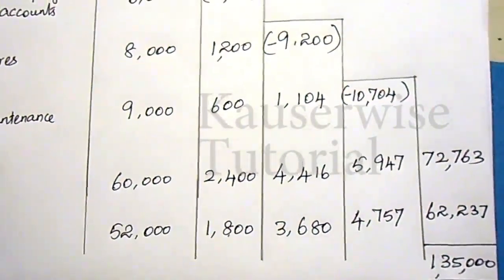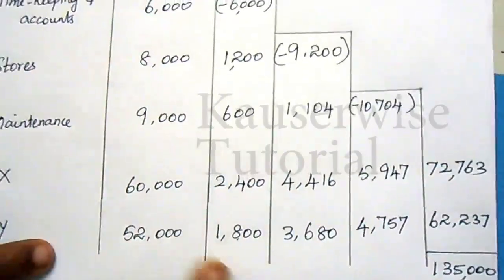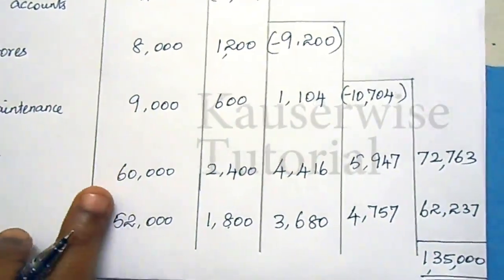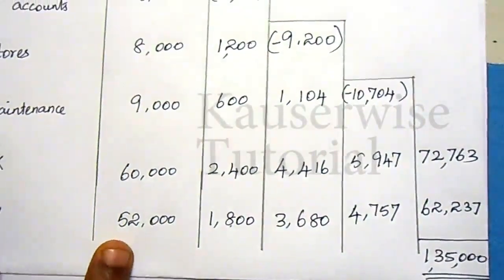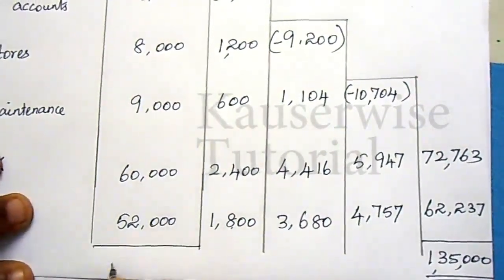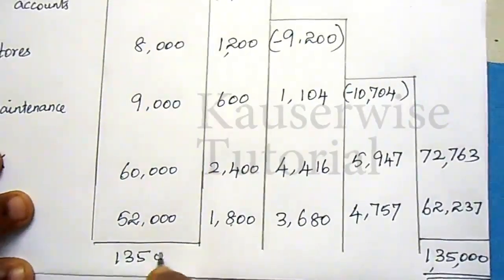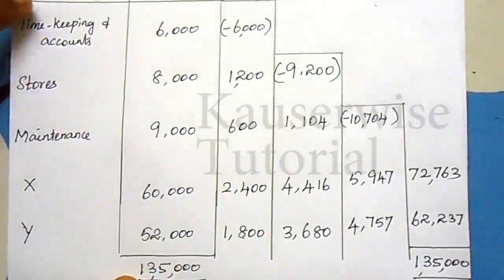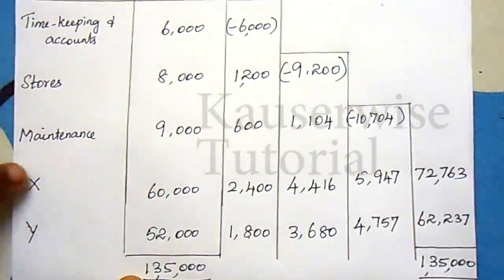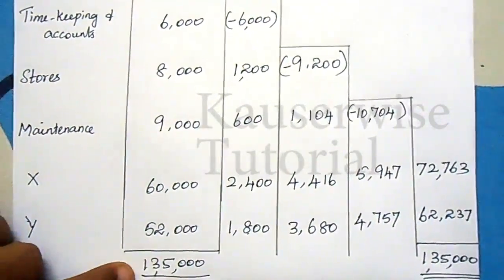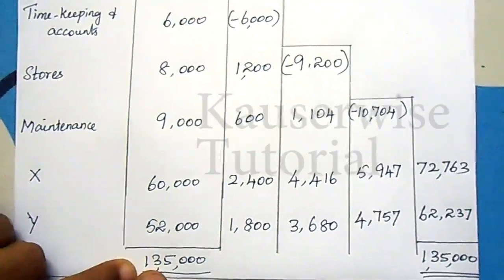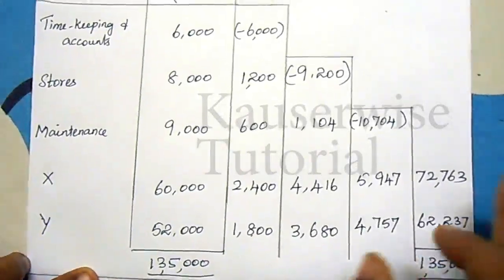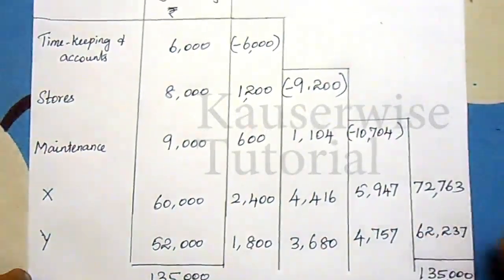For cross checking, you can find the total of primary distribution: 6,000 plus 8,000 plus 9,000 plus 60,000 plus 52,000, total 1,35,000. This 1,35,000 includes both service department overheads as well as production department overheads. But the entire amount is redistributed to only the production departments. This is called the redistribution summary according to the step method.